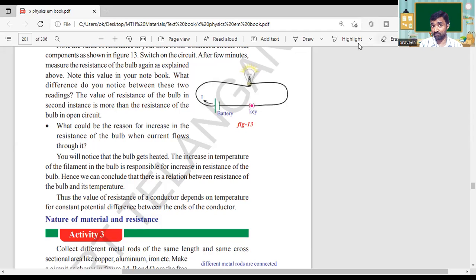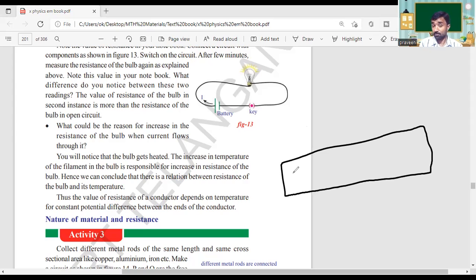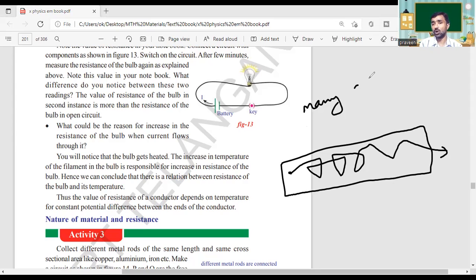Here, you learned about random motion and ordered motion of electrons. In the conductor, the electrons are moving with random as well as ordered motion. This you learned. Many collisions are there; it is making many collisions with the lattice particles.